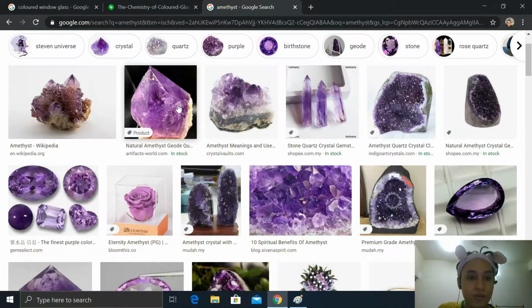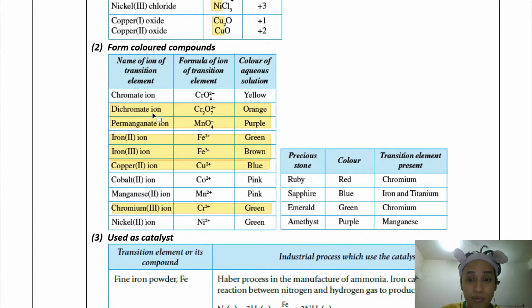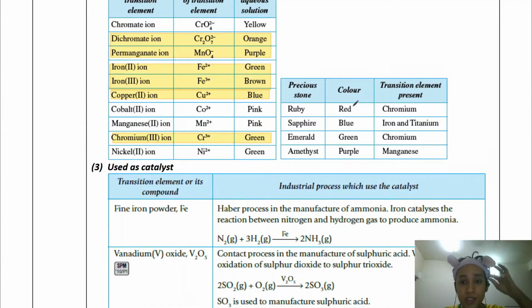The purple in color is because of the manganese ion. Ruby, sapphire, I'm sure you didn't know all those things. So all your precious stones have colors because of your transition element. Ruby, the color is red because of the chromium ions.